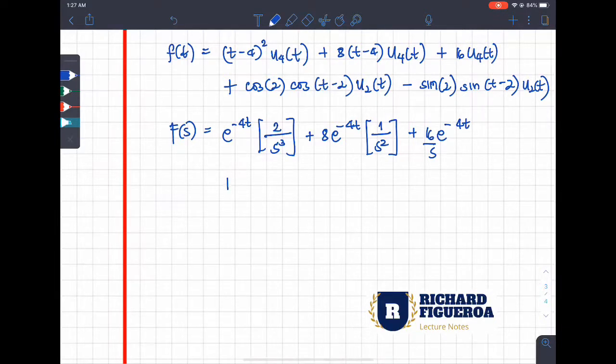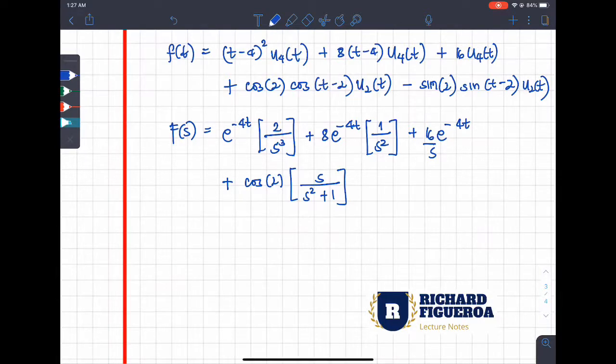And then plus for our cosine, we'll just have cosine 2 multiplied with s all over s squared plus 1, since the transform of cosine t is s over s squared plus 1.